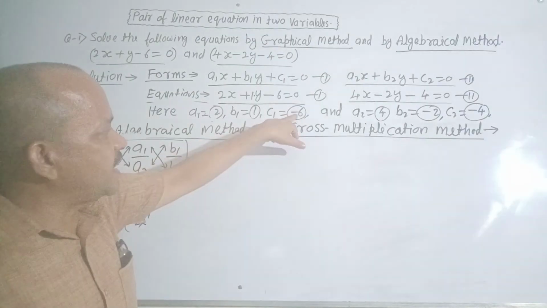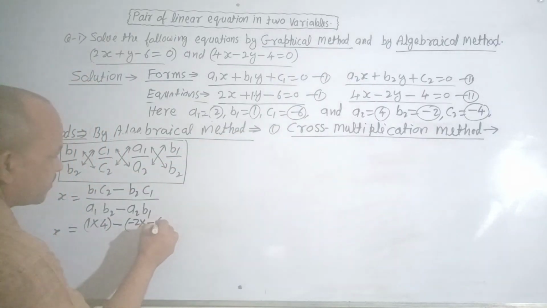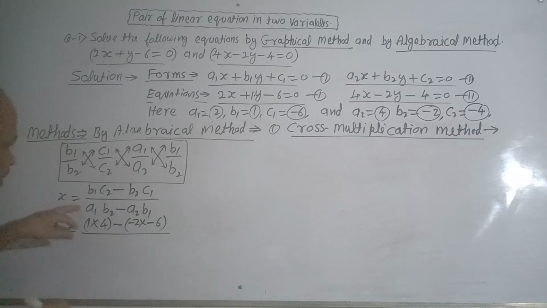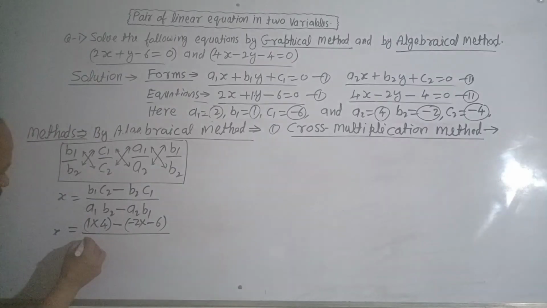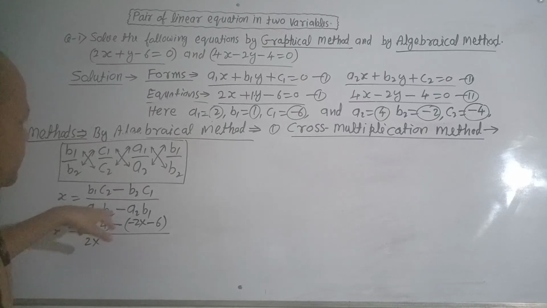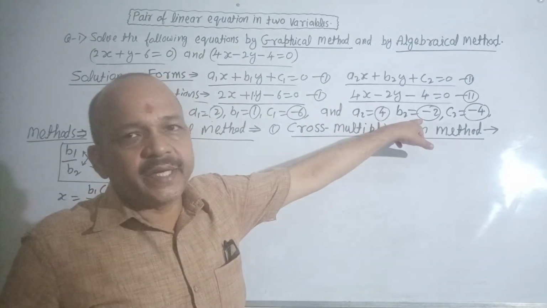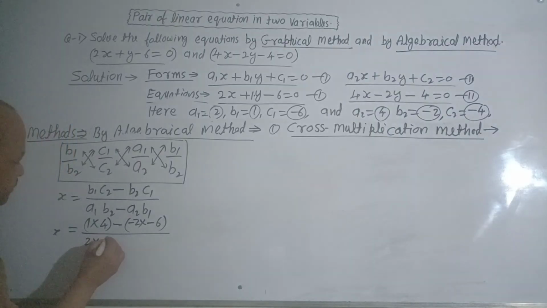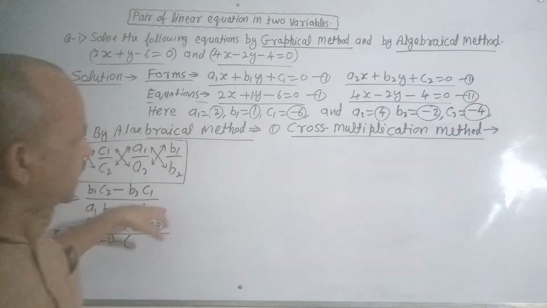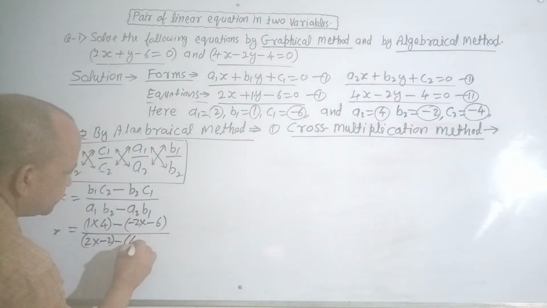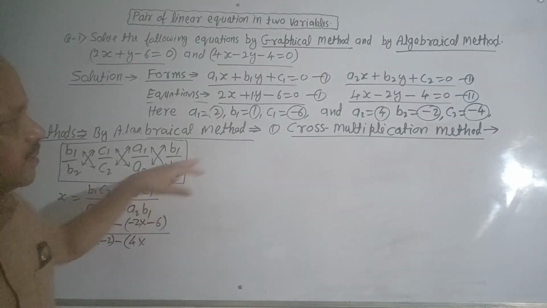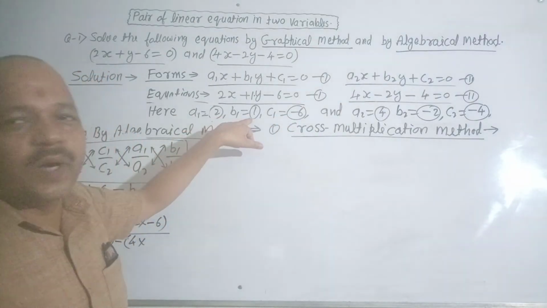C1 means minus 6 upon a1 b2. A1 means 2. B2 means minus 2. A2 means 4. B1 means 1.